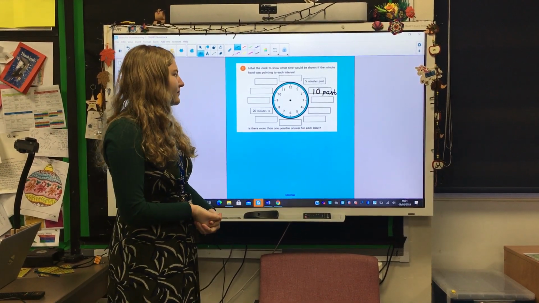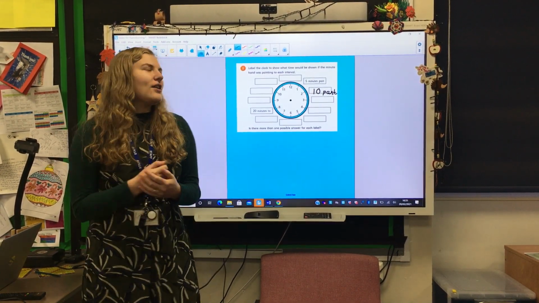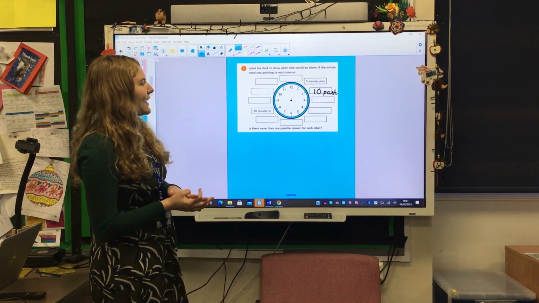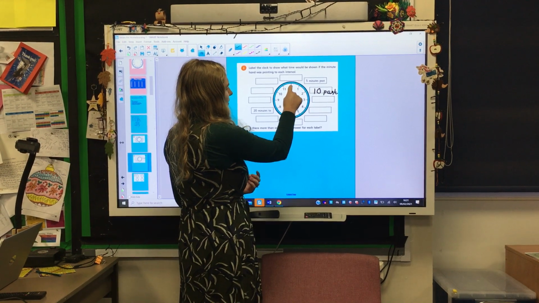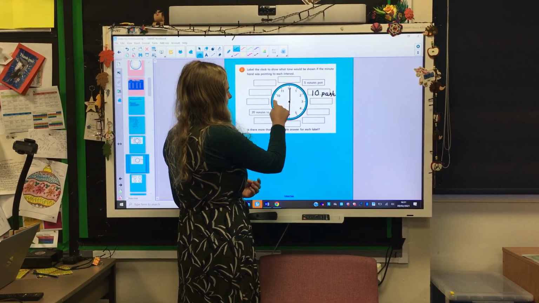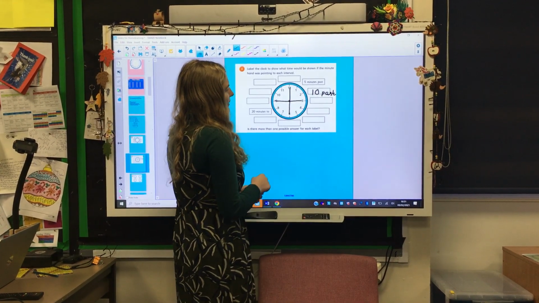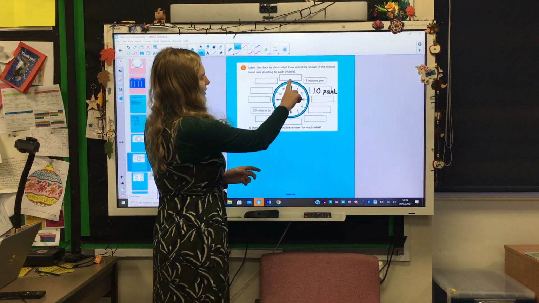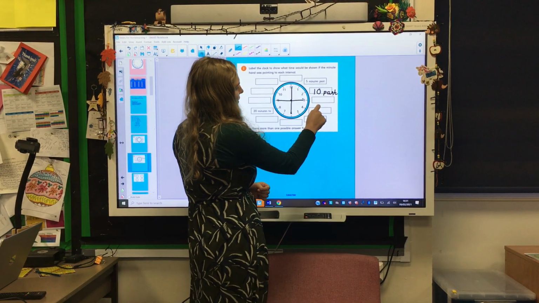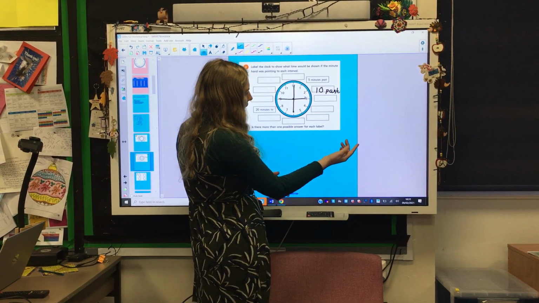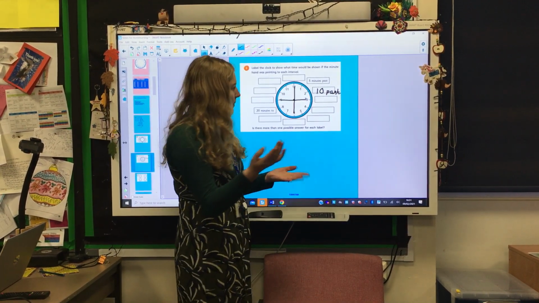Lovely. So there are a few tricks we can use. We can divvy it up, a bit like a cake. On our next one, can you see if we started at the top, that would be 1/4. So you would say 1/4 past.